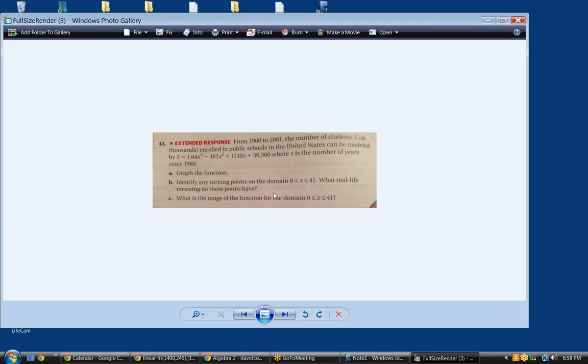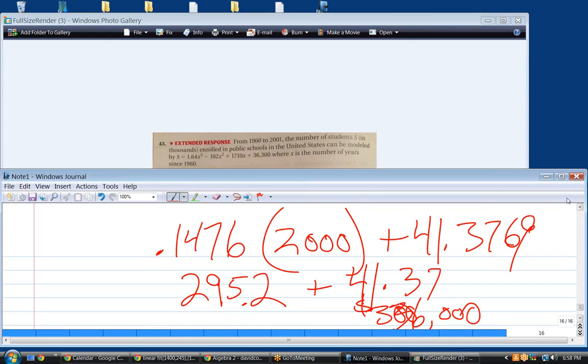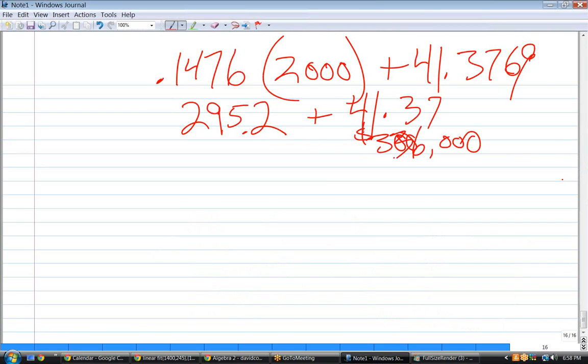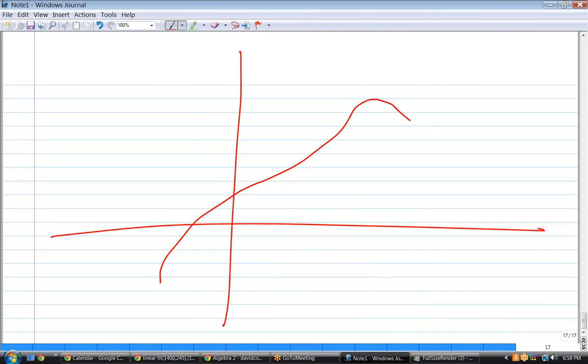Identify any turning points on the domain. What real-life meaning do these points have? Well, what they're talking about is this. This is y. This is x. And I've graphed an approximation of the function.